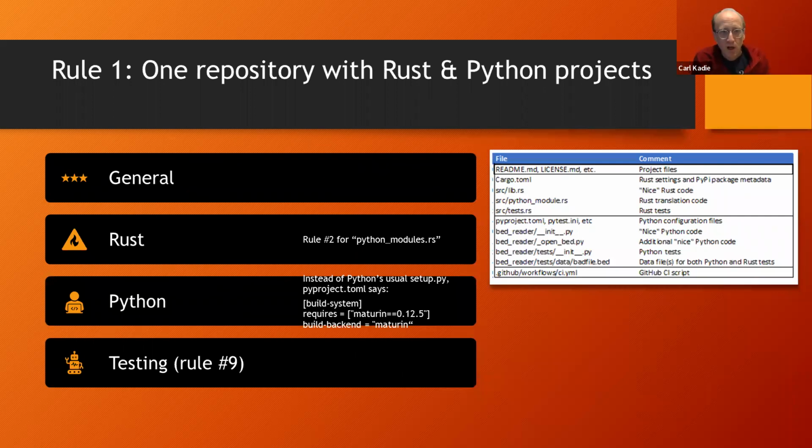Okay, rule number 1 is to put the Rust and the Python code in one project. And specifically, the files should be pretty much just like this. So at the top level, we're going to have general files that you'd have for any project, the README file, for example.